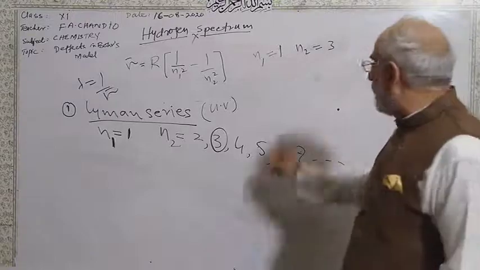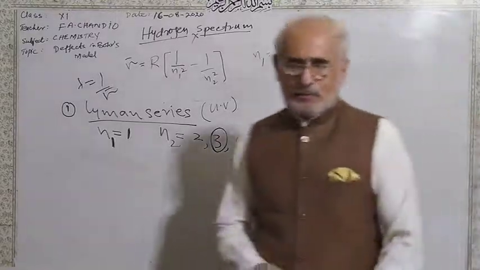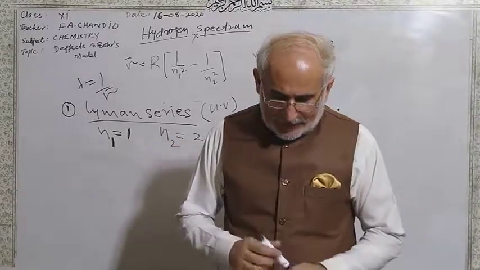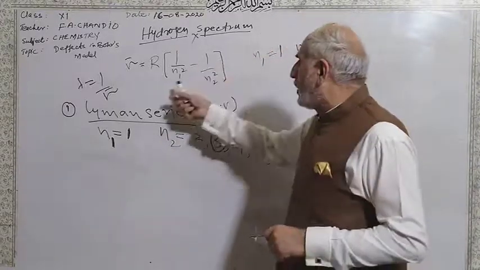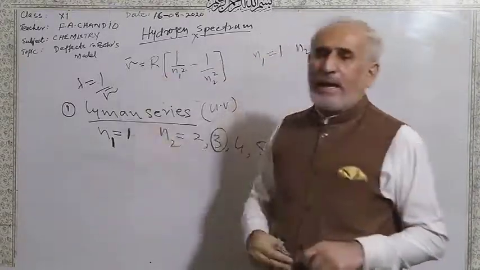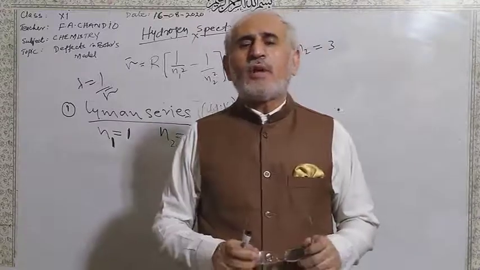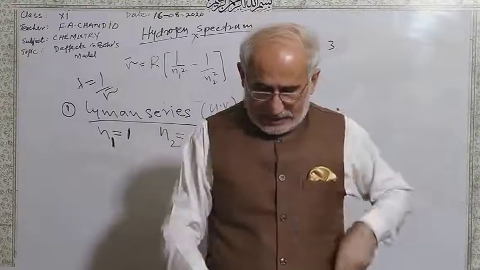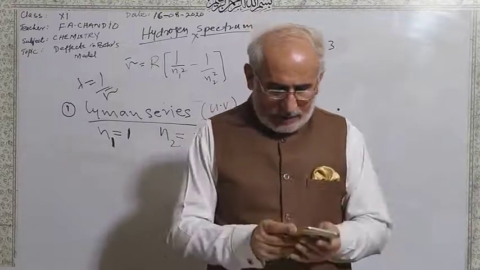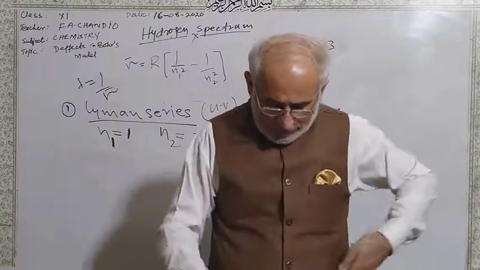Limiting line means n2 will be infinity. Put the value and calculate the wave number as well as wavelength. This is the formula I told you. So dear students, this is about the Lyman series.